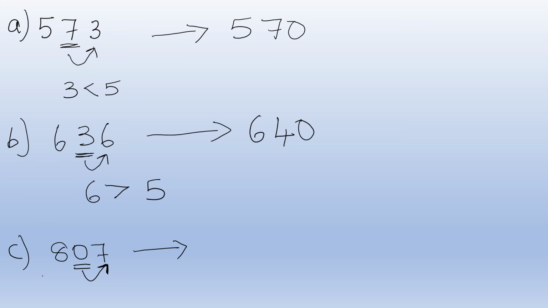What is that? It is 7. And you know 7 is greater than 5. So this 0 is increased by 1 and 7 is replaced by 0. So you will get 810. Okay. So let us move on.